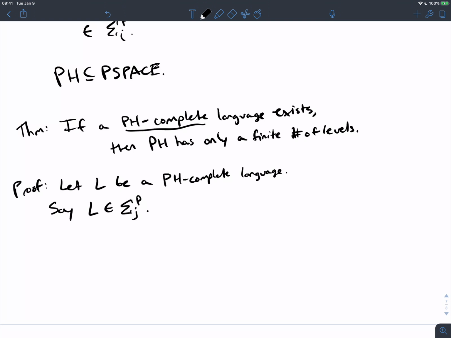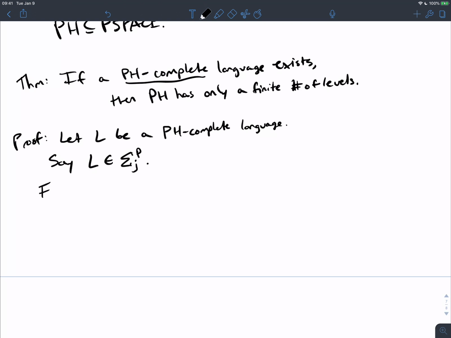Well, what was just mentioned about being complete: everything in PH reduces to this thing in polynomial time, right? So every L' in PH reduces to L in polytime.